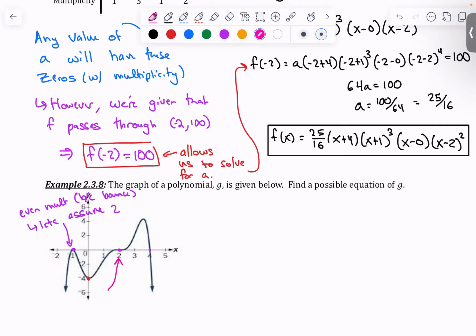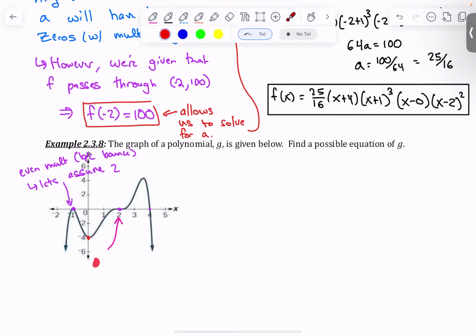at 2, is that even or odd multiplicity? Odd. The zeros at 2 and at 4 are both odd multiplicities. However, because this one is wiggly, a little more jagged than the one at 4, it's going to be a higher multiplicity, higher degree.